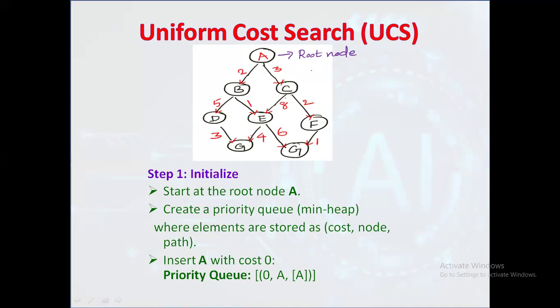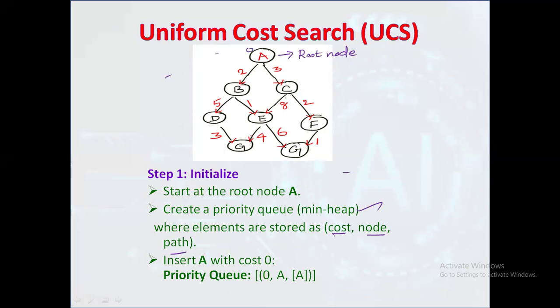UCS, Uniform Cost Search, uses a priority queue. Here, it is using a min heap queue, where each element is a tuple of cost, node, and path. The search algorithm begins with node A at a cost of 0.